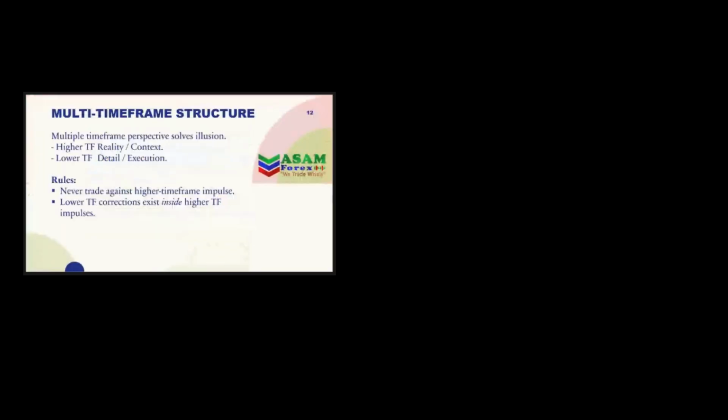Let's go on. We have the idea of the multiple time frames. As I've said, in the higher time frames, you see everything. And actually you get what we call the context. When I say context, it means you get multiple pieces of information, not just one.